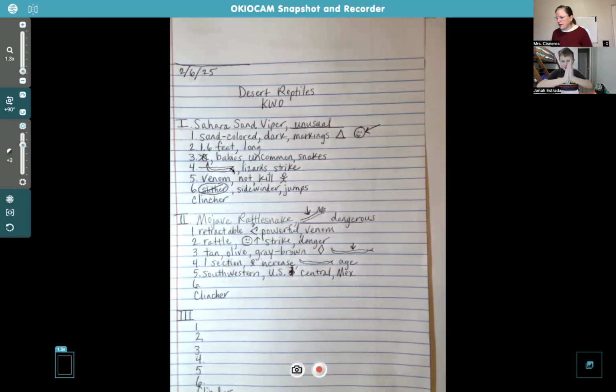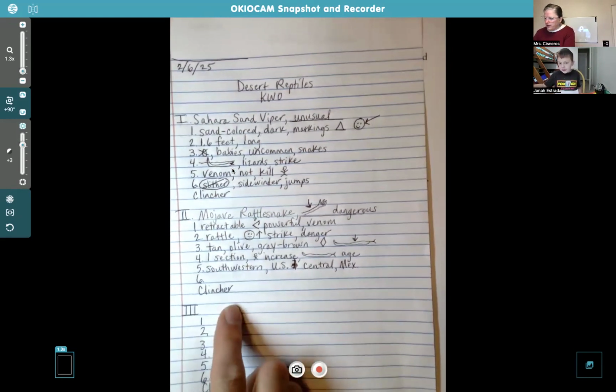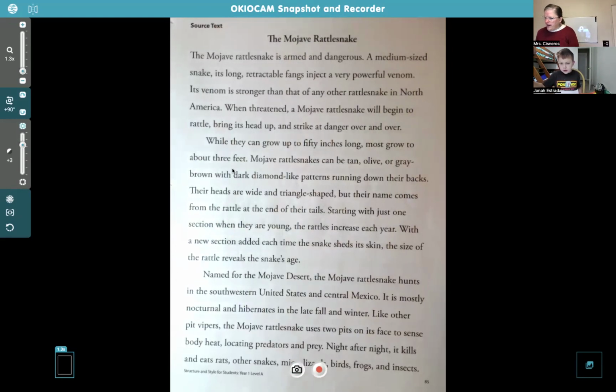Okay, so we have one more here, and you were talking about how it has those pits. You know what a pit is? Yeah, it's like a hole. It's like a hole, exactly. So you were going to underline that part. That's a big one too. How can we combine two?